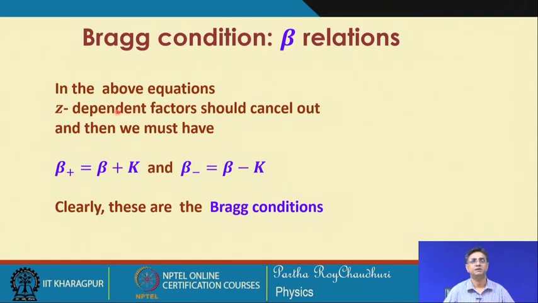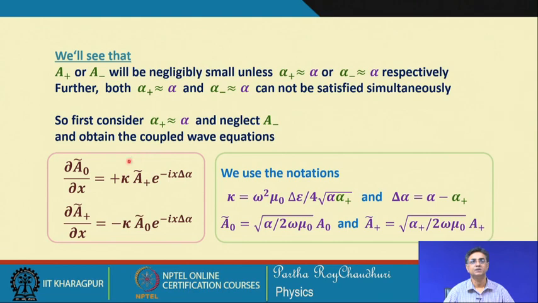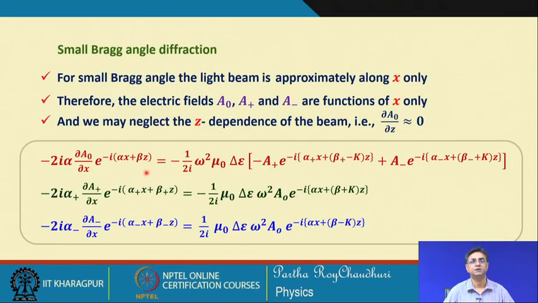In the above equation, the z dependent factors should cancel out. If you look at this equation, you have e to the power of i alpha x multiplied by this quantity, and on the right hand side you also have a similar quantity.